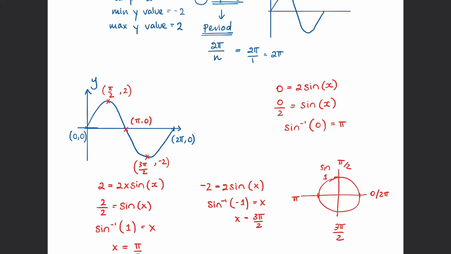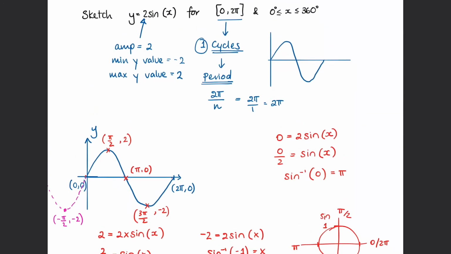Now, if you throw this into your calculator, you might actually get an answer of -pi on 2. The reason for that is if we made this continuous going backwards this time, the calculator will actually find this value here. And that's only if you haven't restricted your domain. Looking at our domain, we're told it only is valid between 0 and 2 pi, so we know we can't accept this.